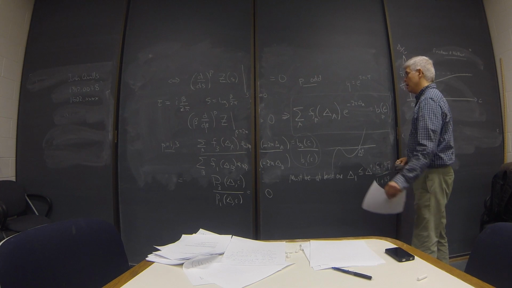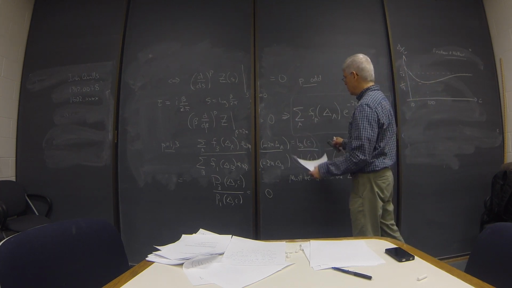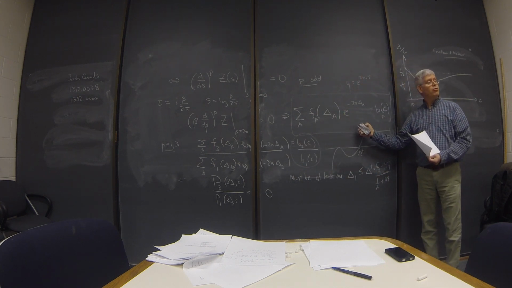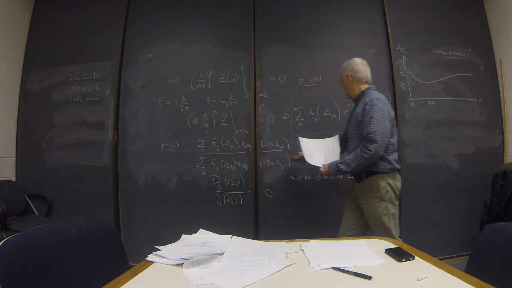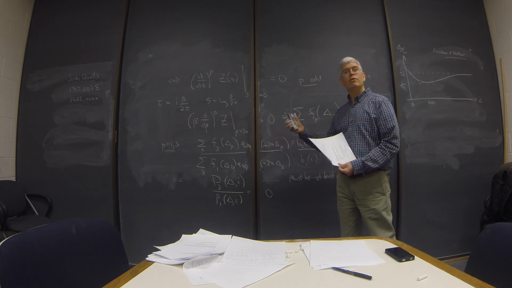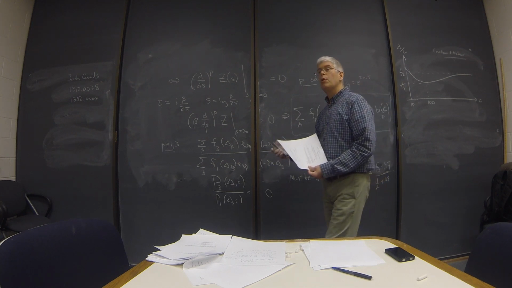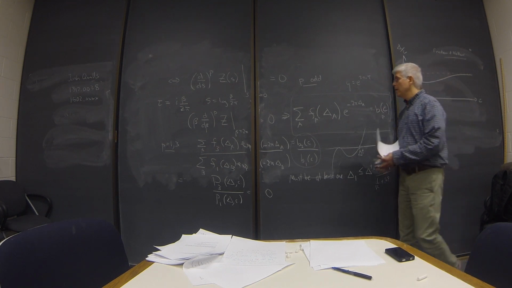Basically, we assume that the delta 1 dimension is given, and we plug that into this expression here. So we have delta 1 and c as fixed inputs, and we want to figure out what is delta 2, the dimension of the next operator.